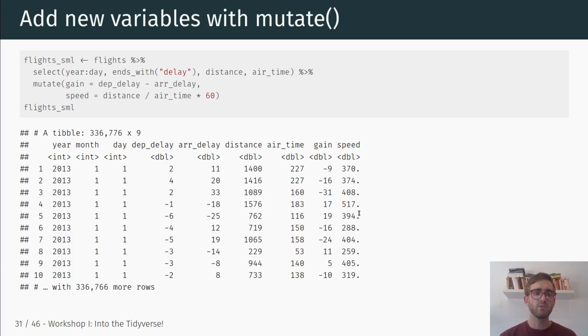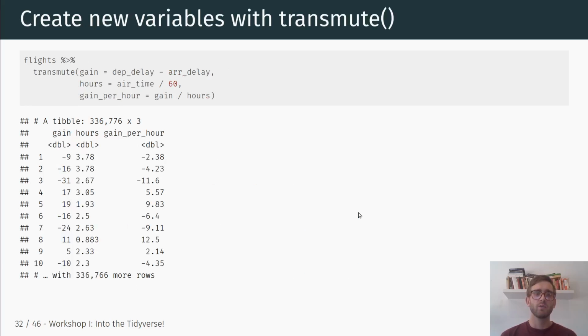And of course, we could use select after the mutate command to achieve that, but there's actually a shortcut, which is transmute. Transmute works similarly to mutate. The only difference is that the data frame that transmute creates only contains the variables that are created in the transmute command and discards all the other old variables.